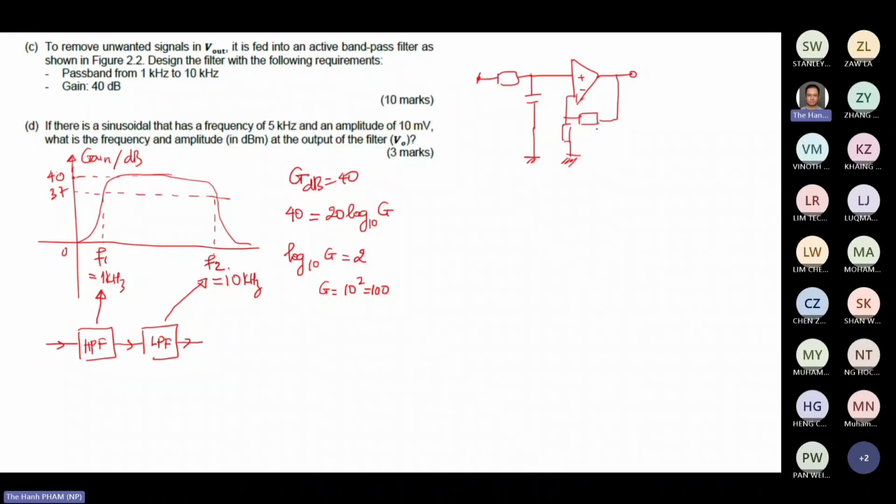This one should be 9R, for example. This one should be 9R0. This one should be only R0. So you will have a gain of 10. So you can choose, for example, this one you have 90K. This one you have 10K. So basically you have a gain of 10.